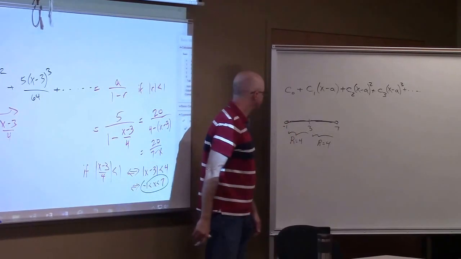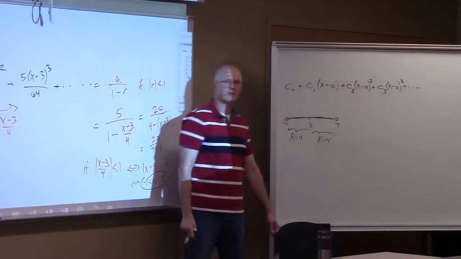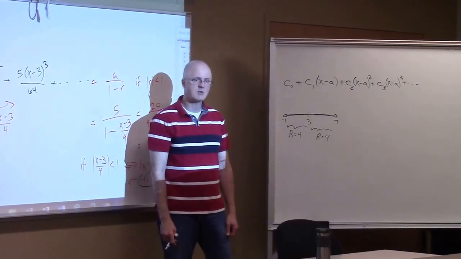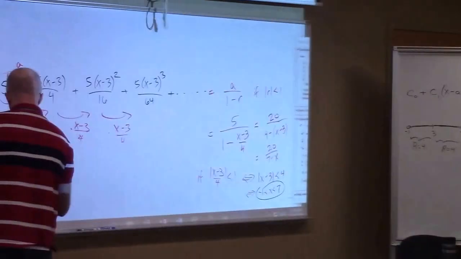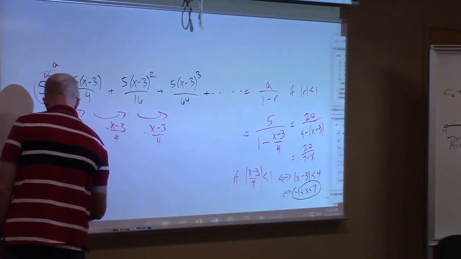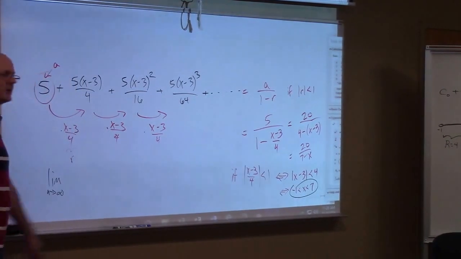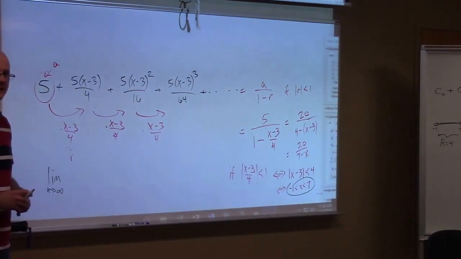Could I have calculated that radius of convergence with the ratio test? Sure, I could have. Let's go ahead and do that. So let's use the ratio test to confirm that the radius of convergence is 4.